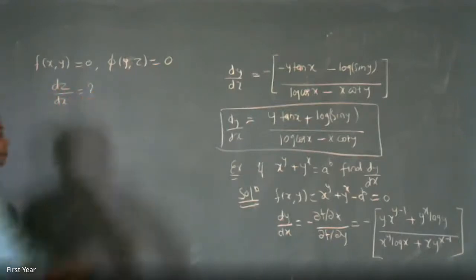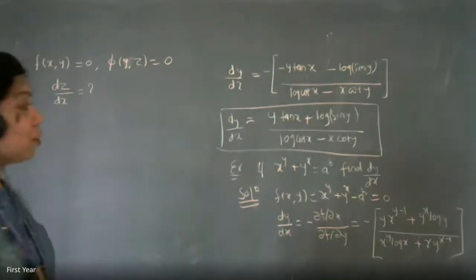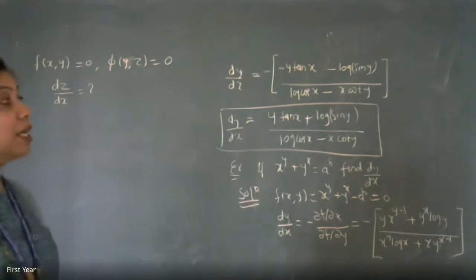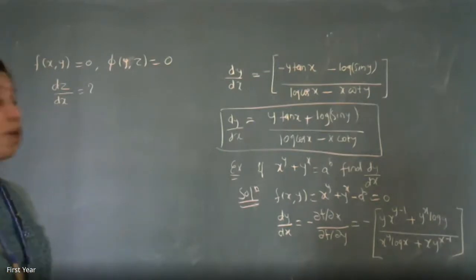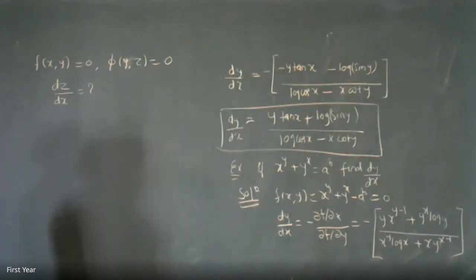This is asked. So the formula is asked. If f of x comma y is 0 and phi of y comma z is 0, then what will be dz by dx? Do you have any function directly which relates z and x?